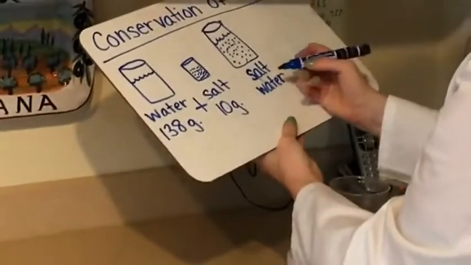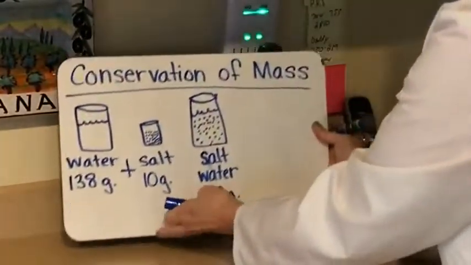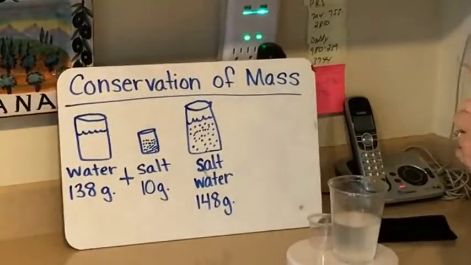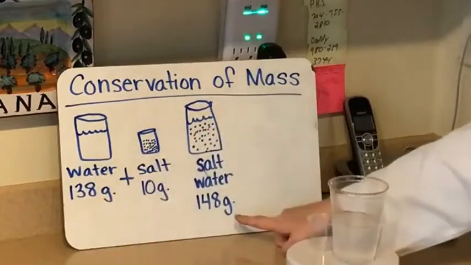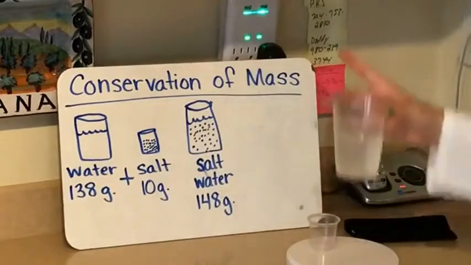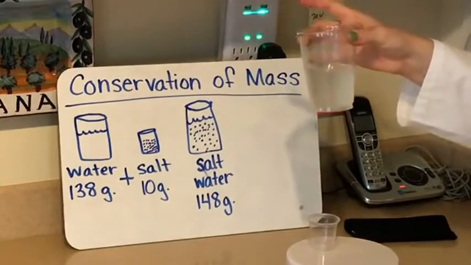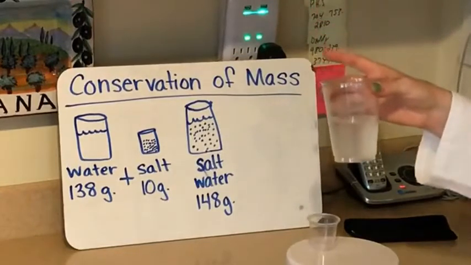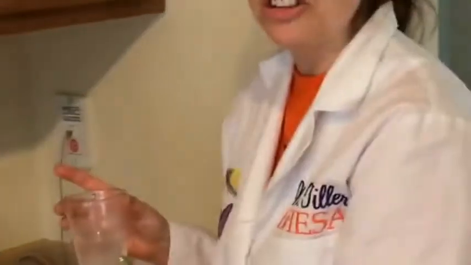Let's take a look at that, scientists. What do you notice about the weight of the water, the cup of water we started with, and what we have now? It went up exactly 10 grams. Even though we don't see the salt in the cup anymore, we know it's still there. You watched me put it in there, and if I took a drink of this, I would really notice the salt is still in there.